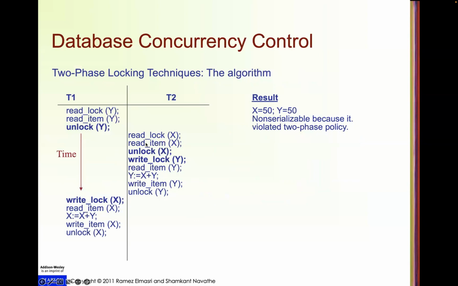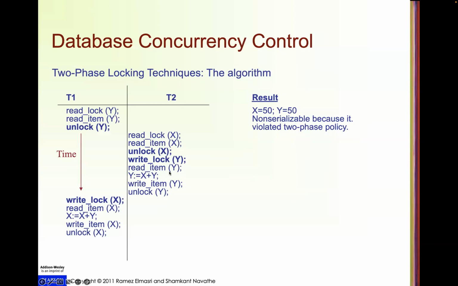In the meanwhile, transaction T2 starts, it puts a read lock on X, reads the item X, and then unlocks X, and then puts the write lock on Y, because Y has just released its lock.